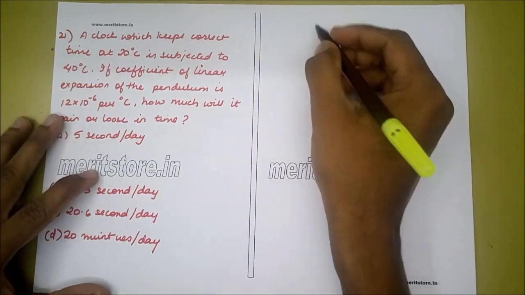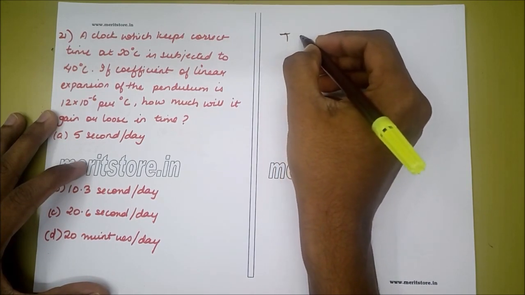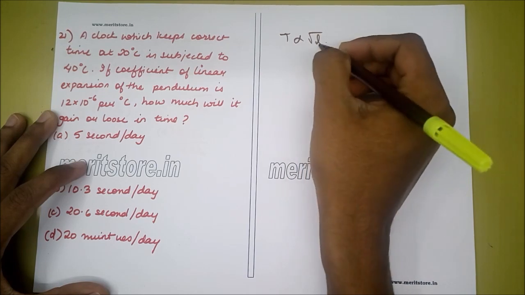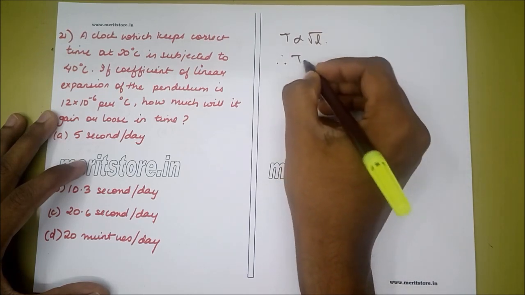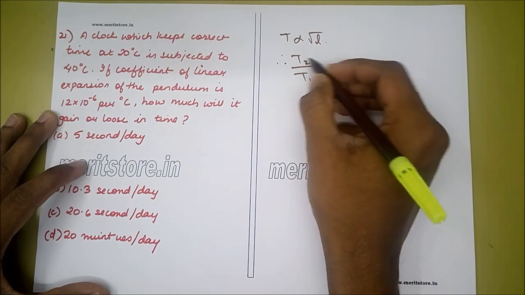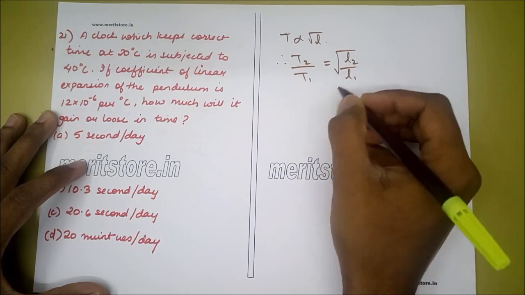Now, as we know, the time period of a pendulum is root of L by g. So time period is proportional to root of L. Therefore, time period of the second case divided by time period of the first case is nothing but root of L2 by L1.